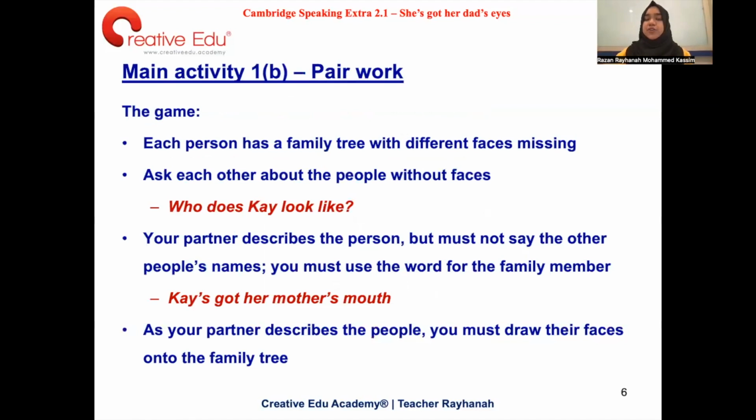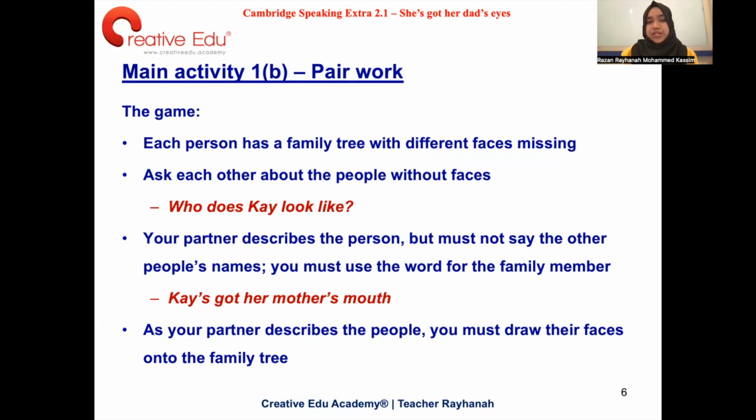So this is how you're going to play the game. Each person has a family tree with different faces missing. So in the sheet of paper that you have right now, some faces are missing. But your partner has different faces missing, so it won't be the same.